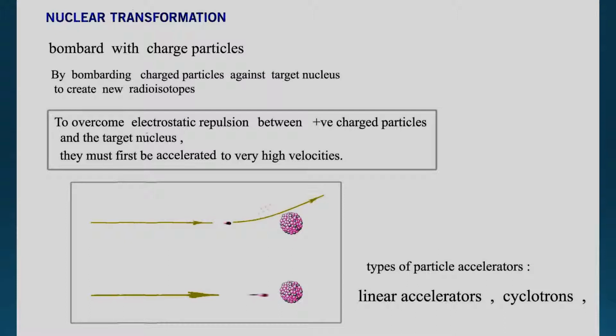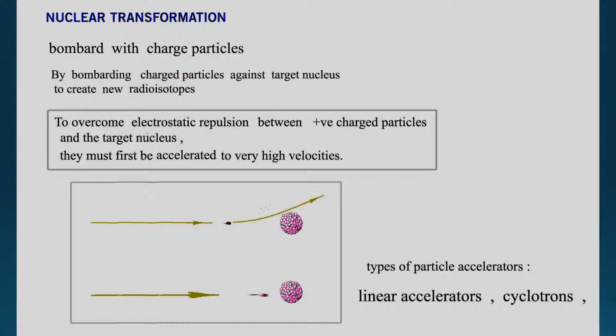But there is a problem, because if you shoot this positively charged particle against a nucleus, the nucleus is also made of positive protons and neutrons. So positive will repel positive. You will never succeed in shooting a positive against a positive.